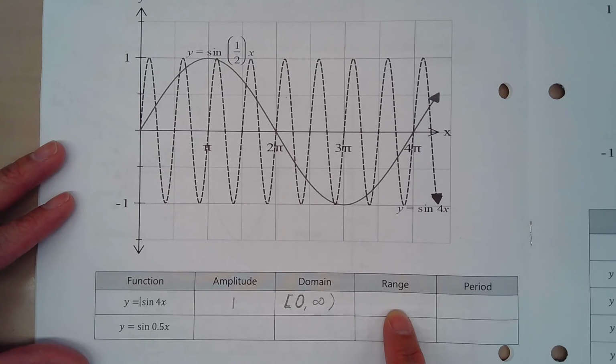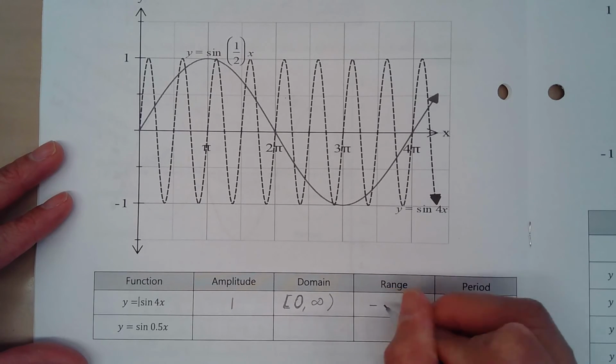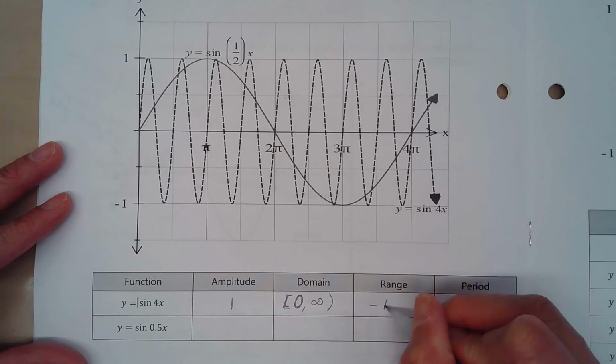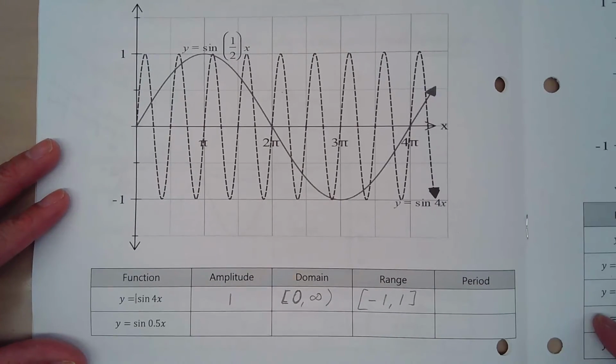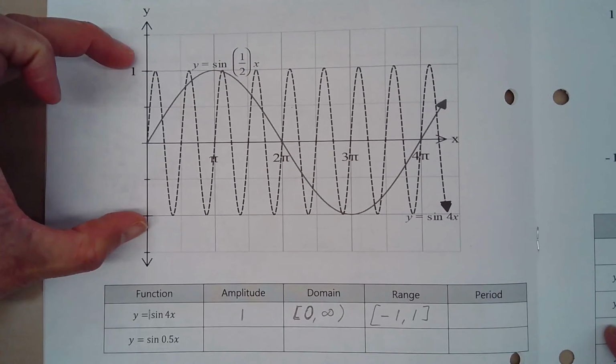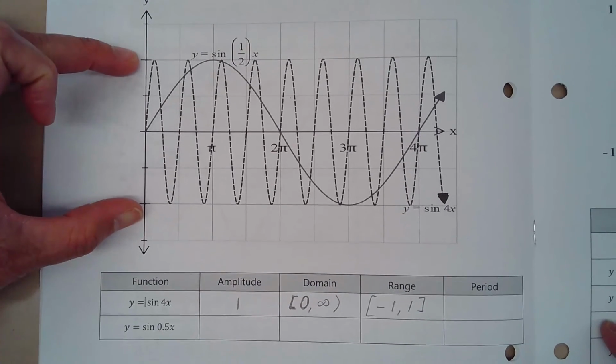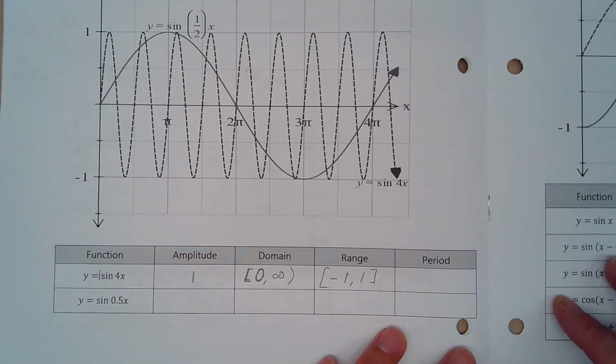What's the range of y equals sine of 4x? The range is from -1 to 1. Is everybody okay? What's the period?